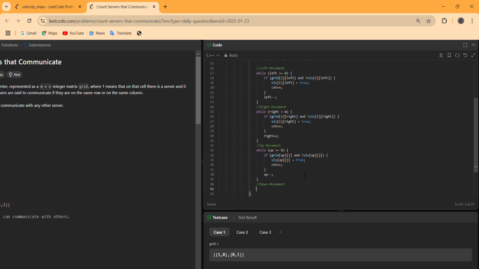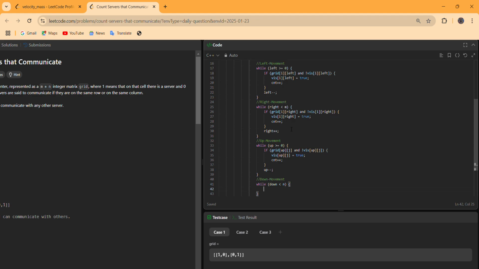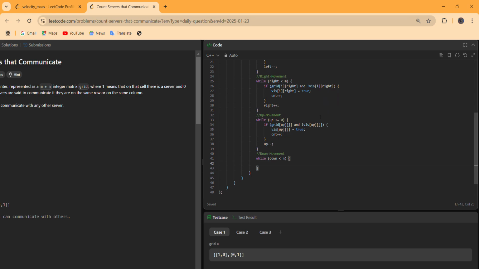Now the downward movement. In the downward movement we have to take care that our down variable is always less than n, because moving in the down direction will eventually lead us outside of the boundary. So we have to finish our down just at the last row of the matrix.